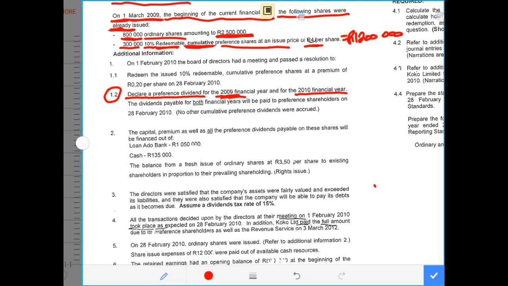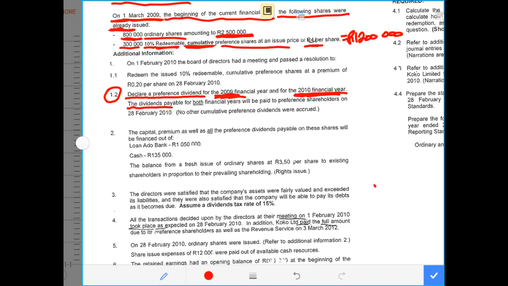So the company in the year 2010 is declaring dividends for the last year 2009 and the current year. Remember, these preference shares are cumulative in nature. That means preference dividends for the last year that were not declared will have to be added in the current year. Therefore, we add both of them, and they become the total cumulative preference dividends for the current year.